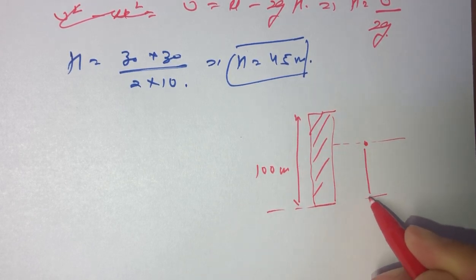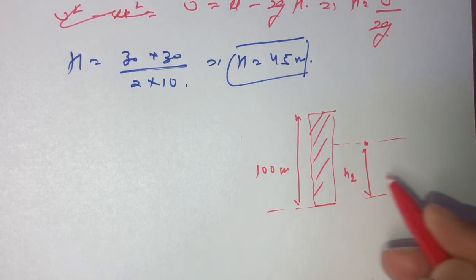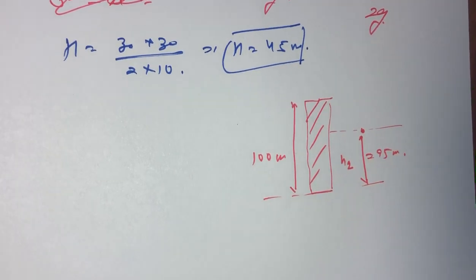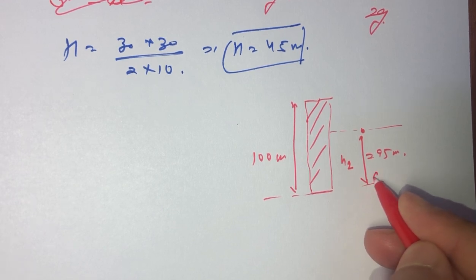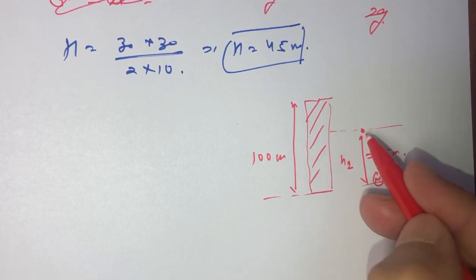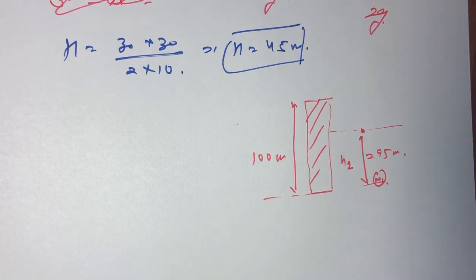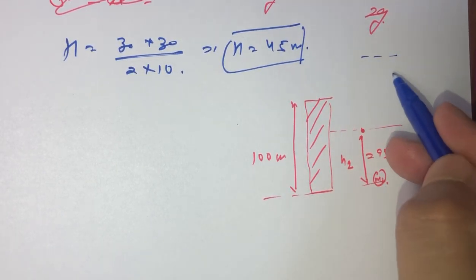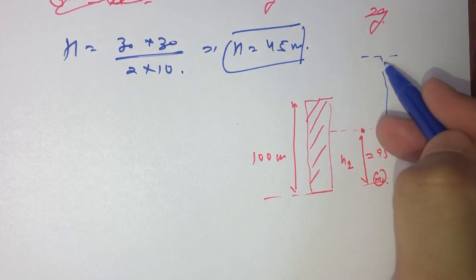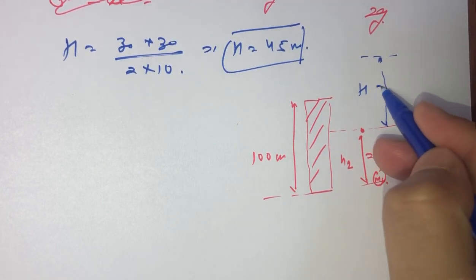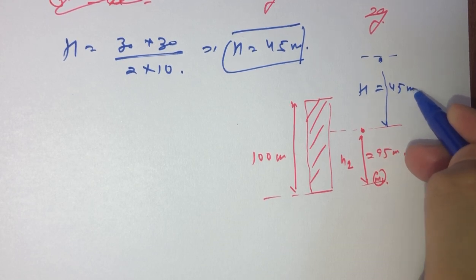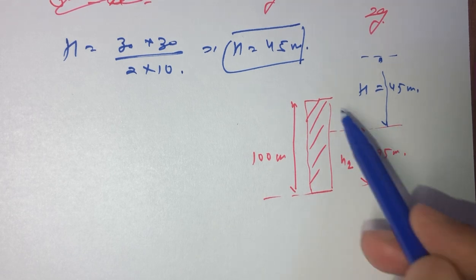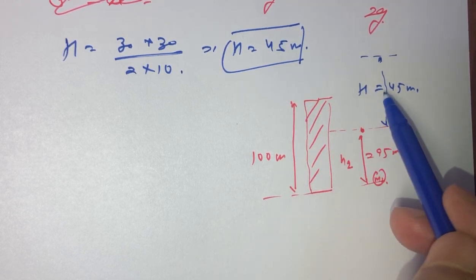So this is our h2, and we found out that h2 is equal to 95 meter, and this is for m2, that is for the bullet. And after collision, the height traveled by the combined system is given as capital H, which comes equal to 45 meter. And we are supposed to find out the height above the building. So this is height of the building.